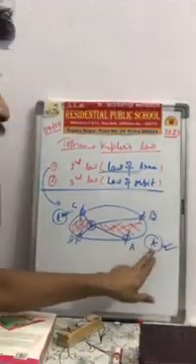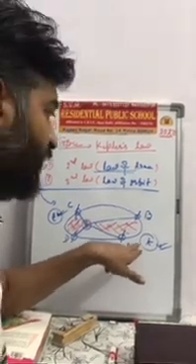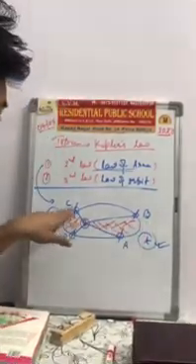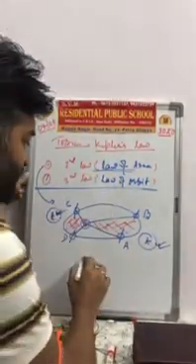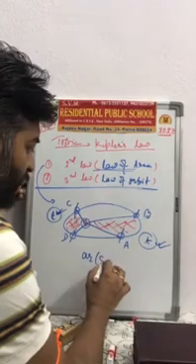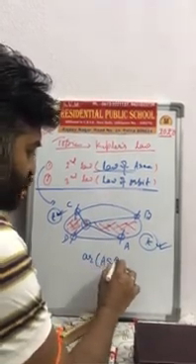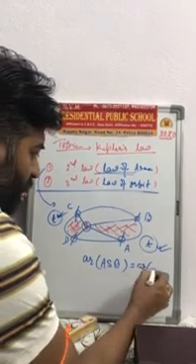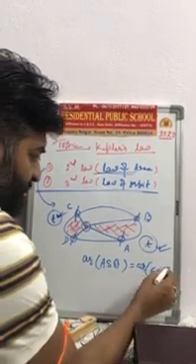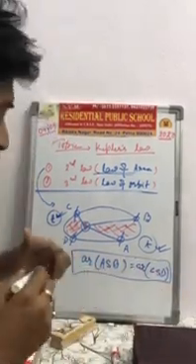That means if the time taken by the planet from A to B and from C to D is the same, then we can say the area of ASB is equal to the area of CSD. That is Kepler's second law.